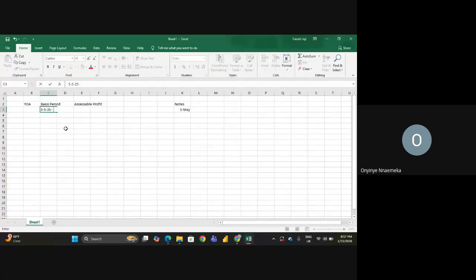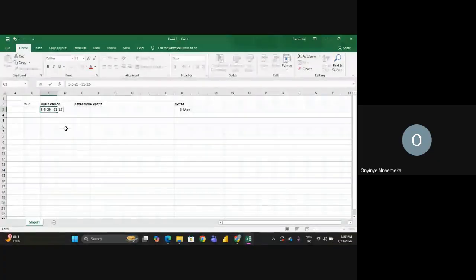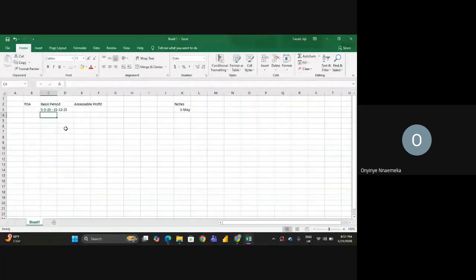And if you are following that particular format, it means that whatever year is in your basis period must not show.